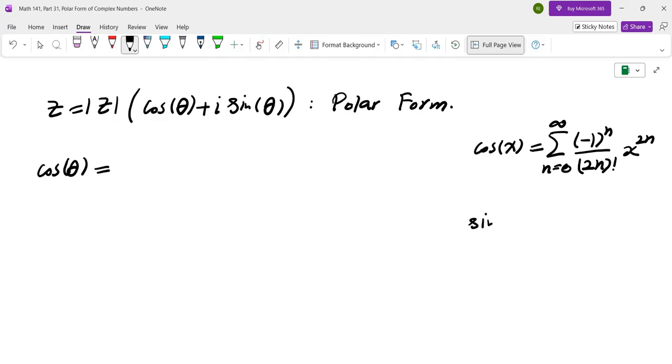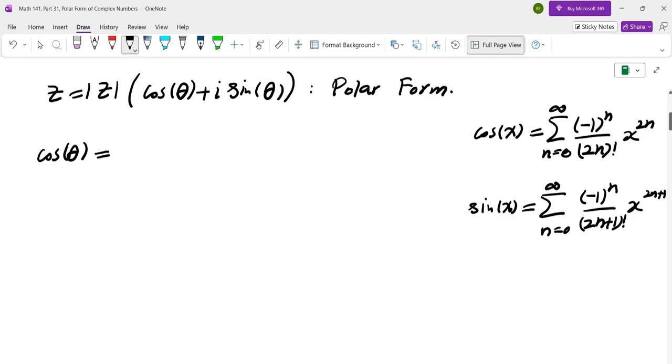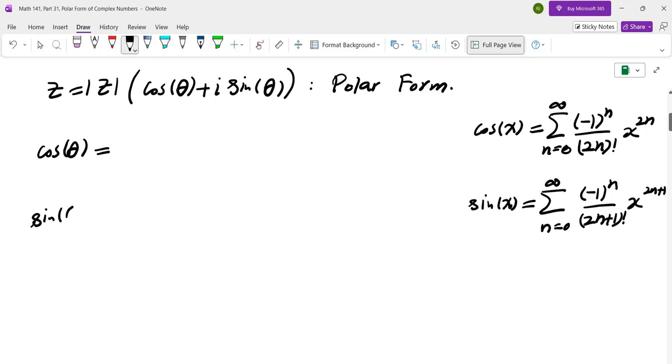And the Taylor series for sine of x centered at the origin is the sum n equals 0 to infinity of (-1)^n over (2n+1)! times x^(2n+1). We're going to plug in n equals 0, 1, 2, 3, 4, etc. And we'll write down both sine and cosine. We'll multiply sine by i, add it to cosine and see what the terms are.